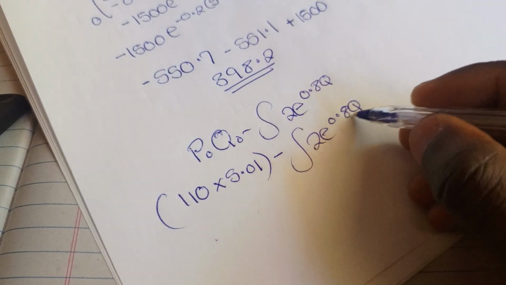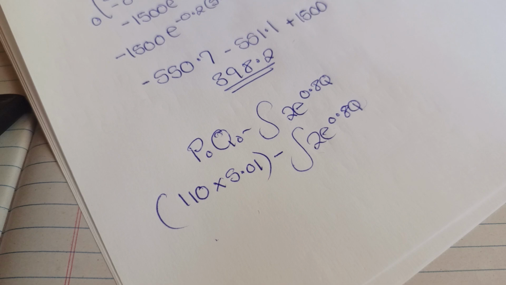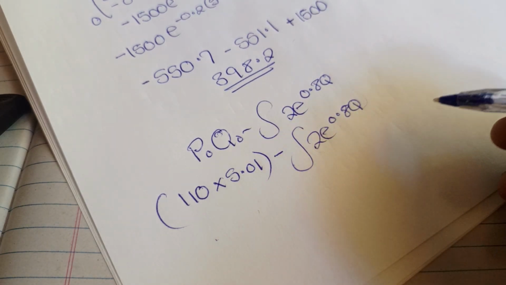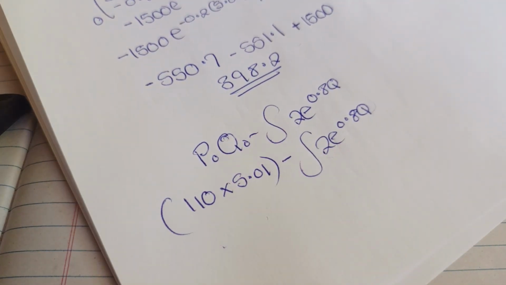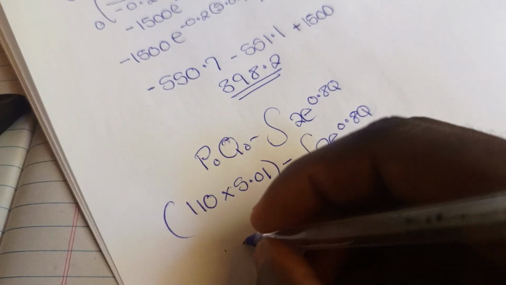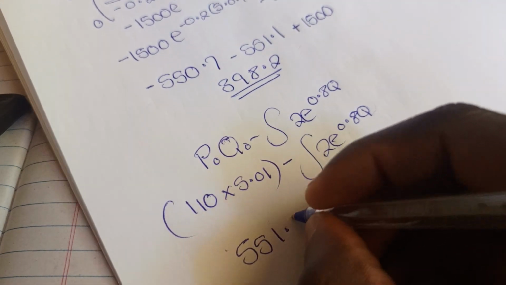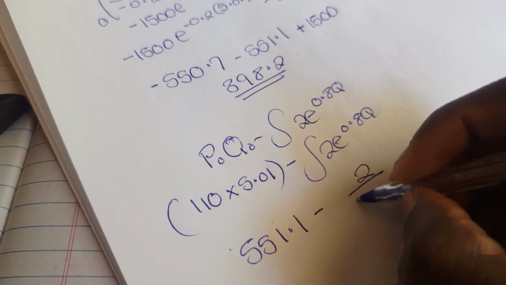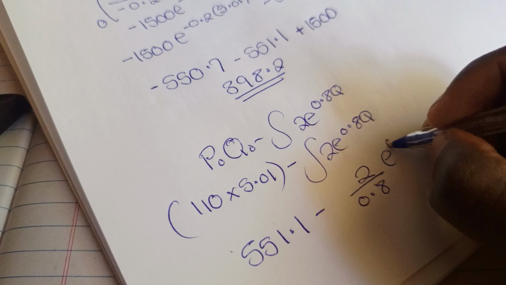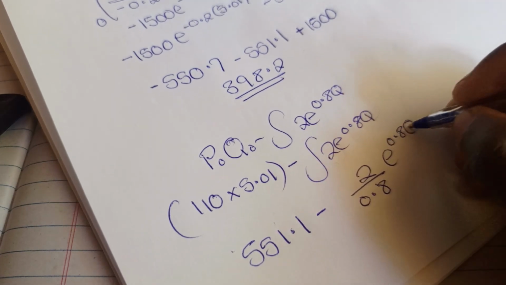You differentiate that power, so you will have 0.8, then you get the reciprocal, which is 1/0.8. It is the one you will divide 2 with. So 110 multiplied by 5.01 is giving you 551.1, minus, then from here you will have 2 over 0.8 e to the power 0.8q.